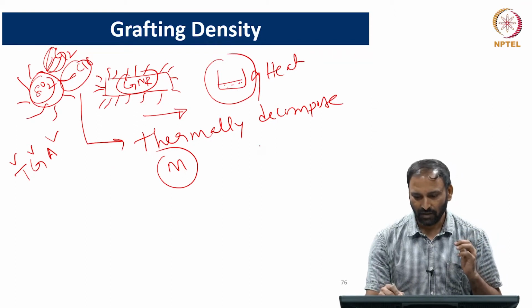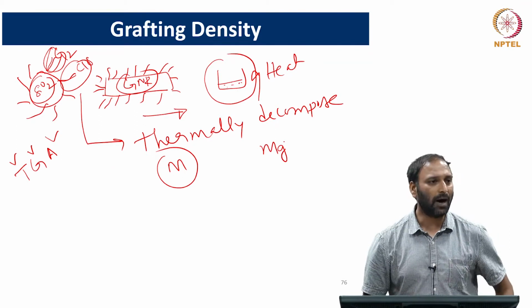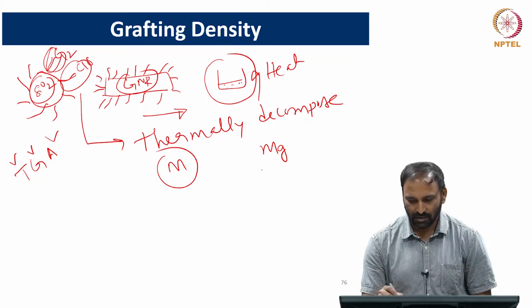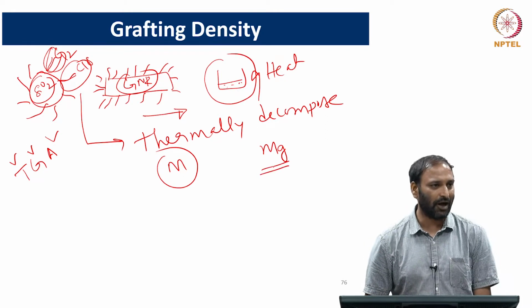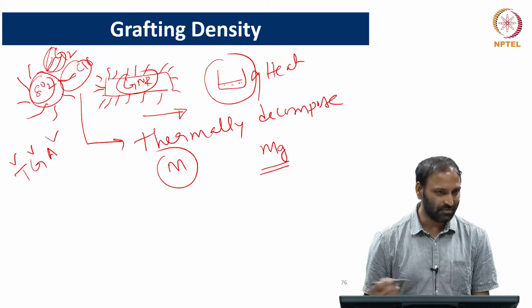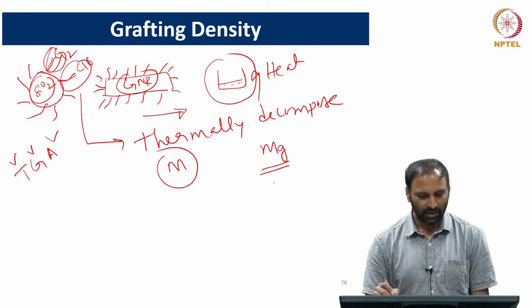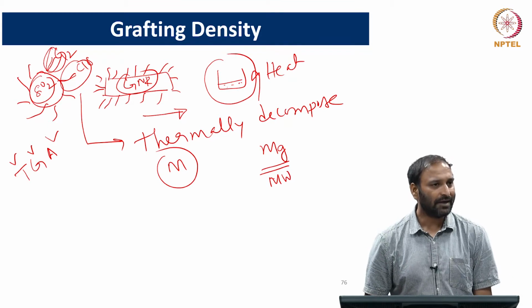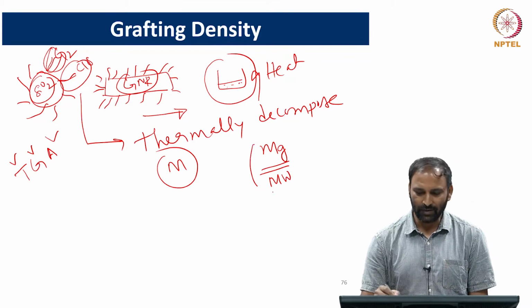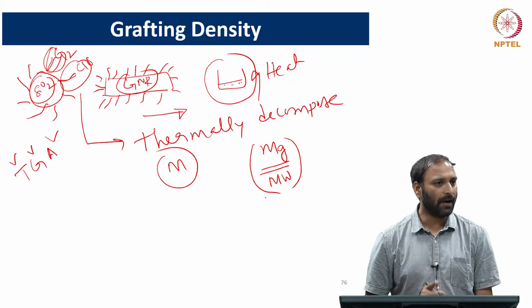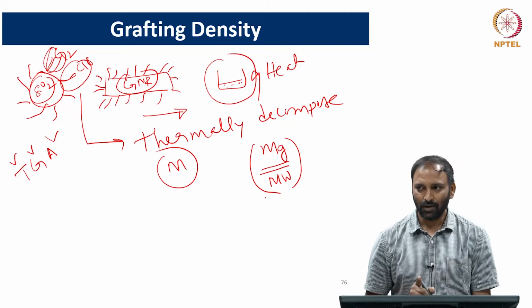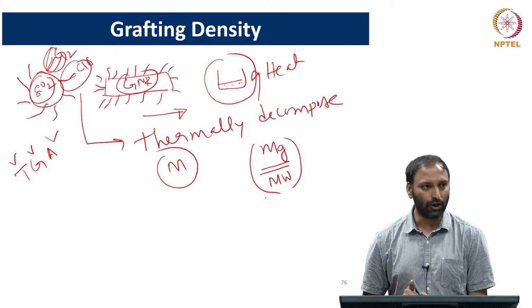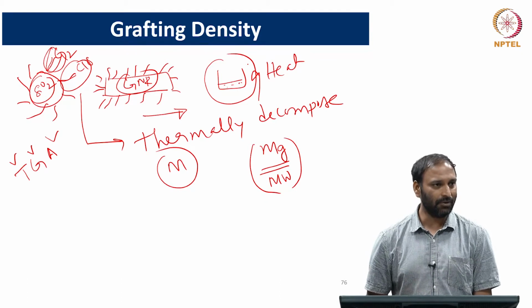If that is the total mass of the grafted chemical species in the sample, Mg, divided by the molecular weight of the grafted species, it gives the moles of grafted molecules in the sample.